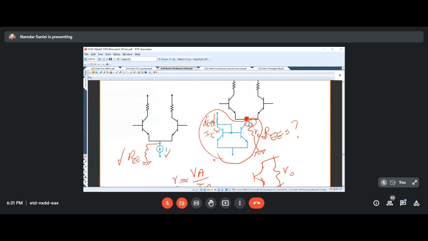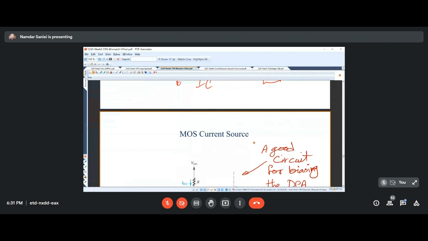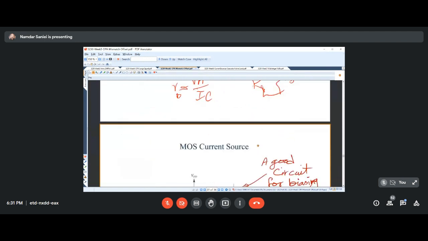And we realized that the REE that we were hoping to be relatively high is, in this circuit, only as high as the little RO. But we were looking for better output resistances of the current source so we could improve the common mode rejection ratio.